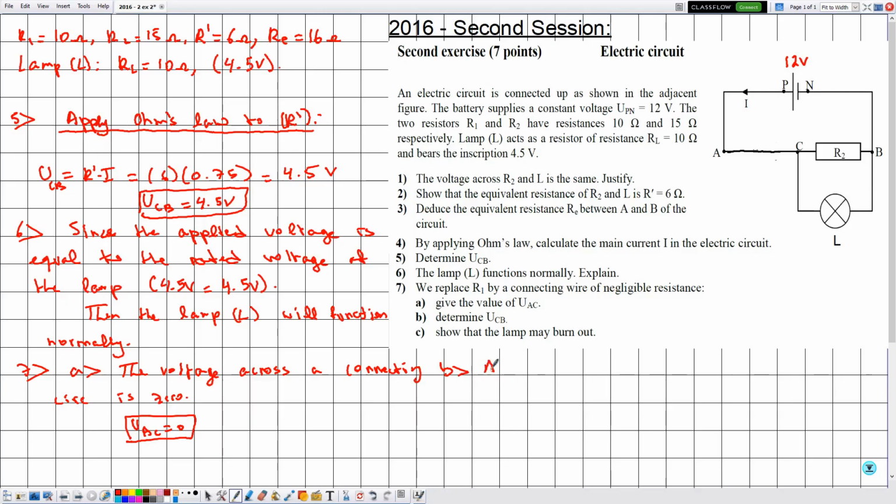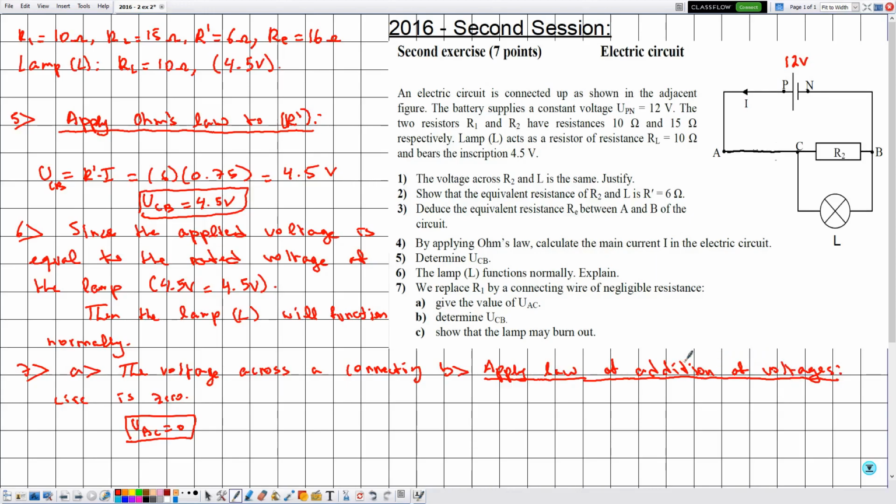Then let's say apply law of addition of voltages. Always in physics we need to mention the law that we are using. Then how do we apply this law?